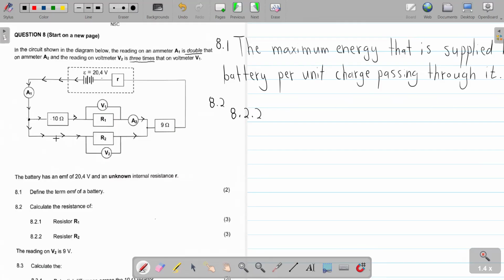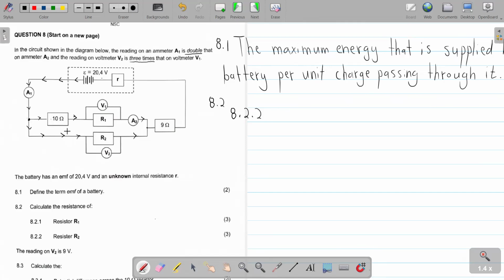Okay. Now, what does that mean? Now, that means that the resistance has to be equal, right? The resistance on this side has to be equal to the resistance on this branch for the two currents to be equal to each other.